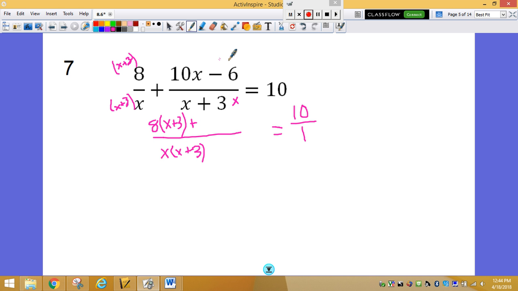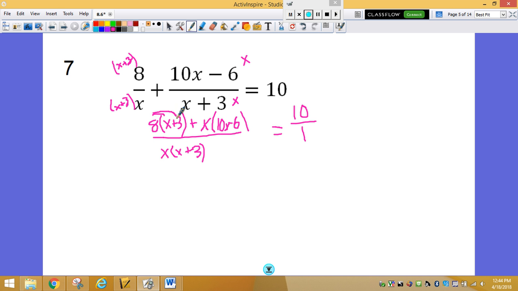This side already has the x plus 3, but I need to add in the x. And if I do it on the bottom, I have to do it on the top. So here I'm going to have x times 10, or 10x, sorry, 10x minus 6. So common denominators. So let's start simplifying. I'm going to distribute.